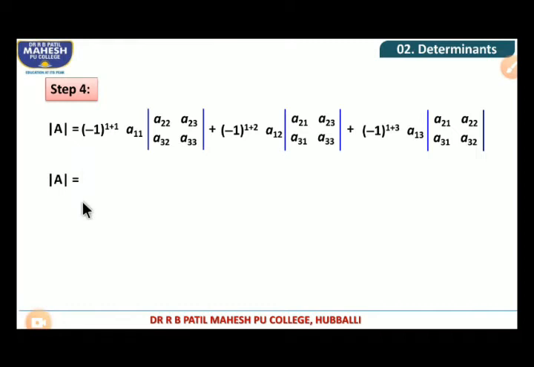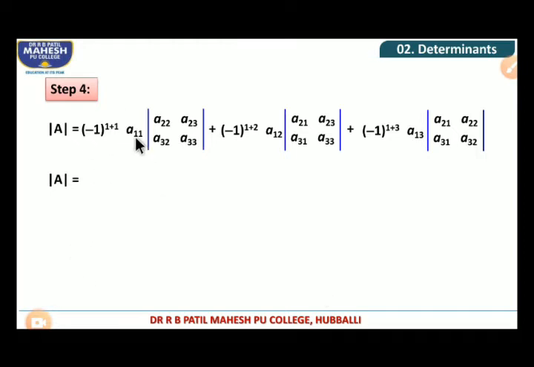Now we can simplify this one. (-1) to the power 1 plus 1 becomes 1. (-1) to the power 1 plus 2 becomes -1, because the power is odd. And (-1) to the power 1 plus 3 becomes positive. Therefore this value is positive.